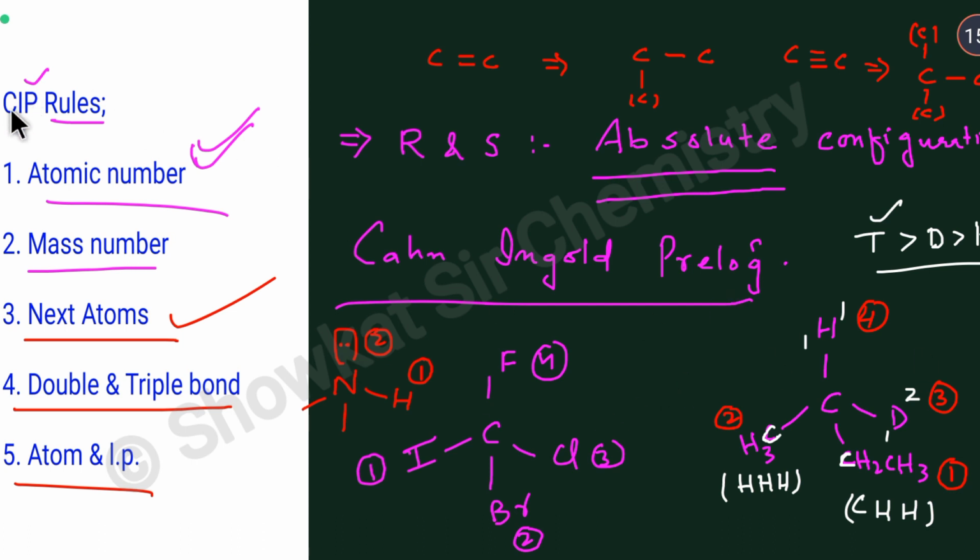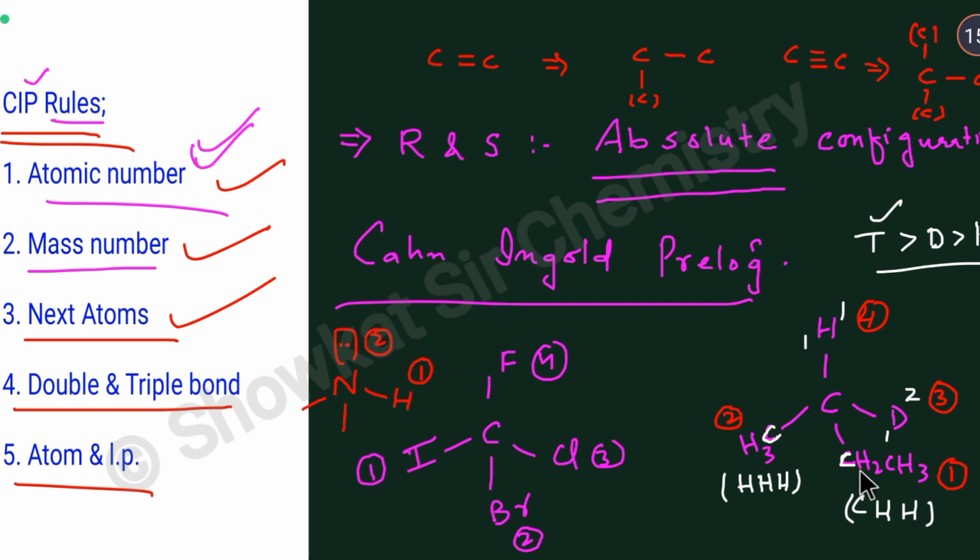So these are the CIP rules. I will repeat again. One is the atomic number: higher the atomic number, higher will be the priority. Now if we have isotopes, they have the same atomic number, so we have to consider the mass number. Higher the mass number, higher will be the priority. And then if two atoms connected to the chiral carbon have the same atomic number as well as the same mass number, then you have to move to the next atoms.